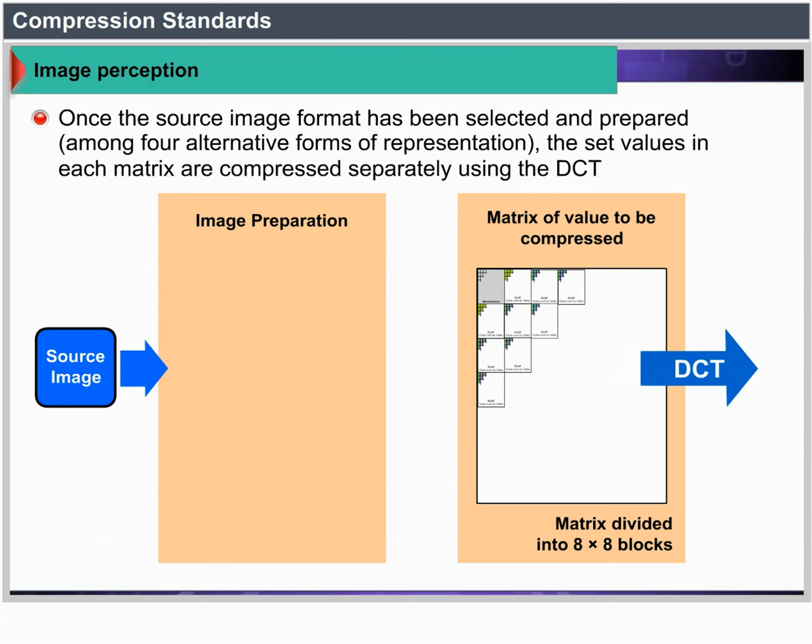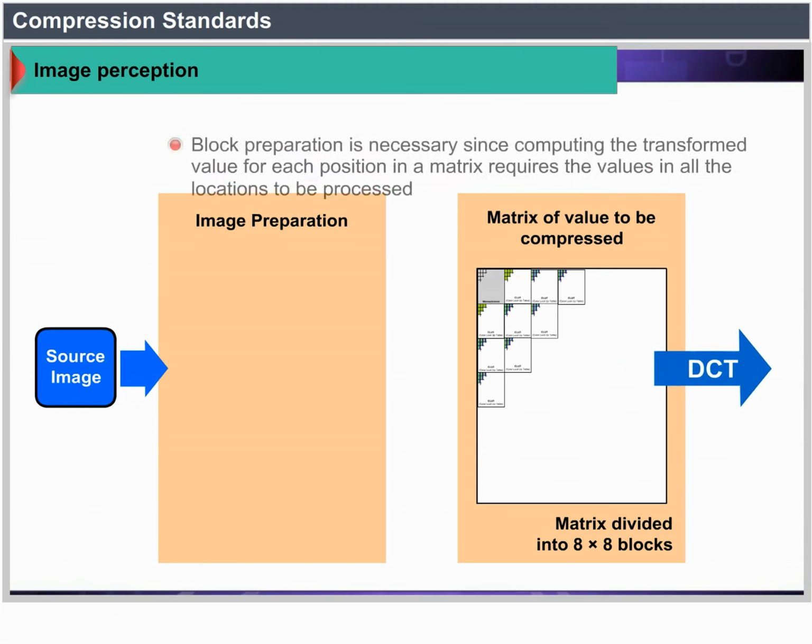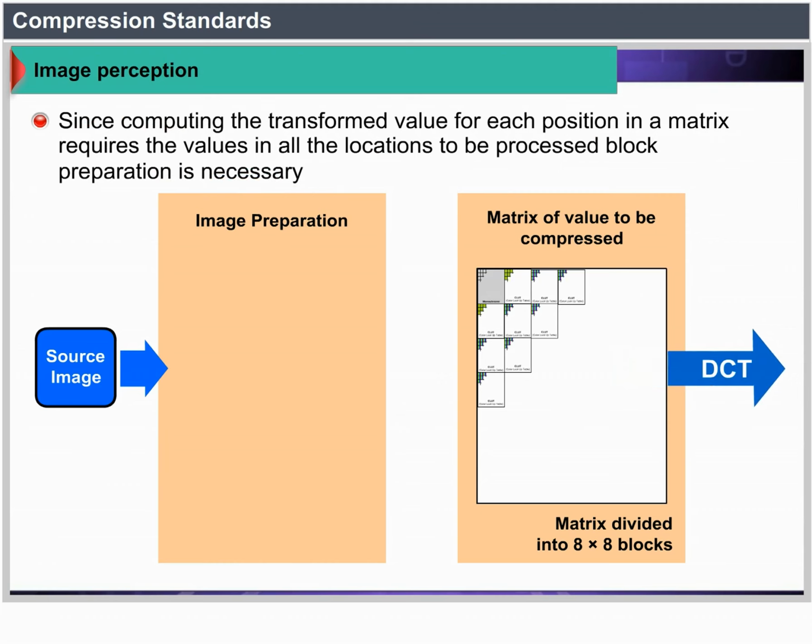Once the source image format has been selected and prepared, the values in each matrix are compressed separately using the DCT. The values are first centered around 0 by subtracting 128 from each intensity/luminance value. Block preparation is necessary since computing the transformed value for each position in a matrix requires the values in all the locations to be processed.